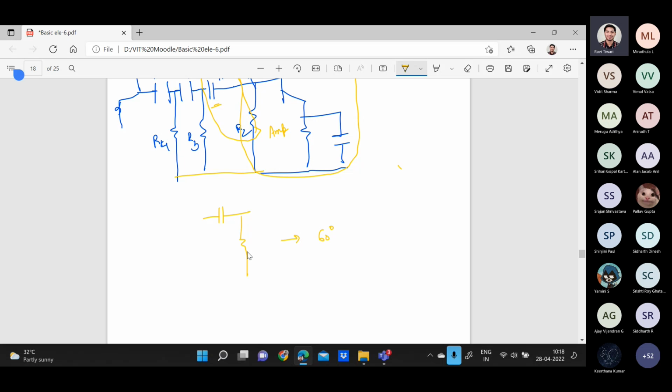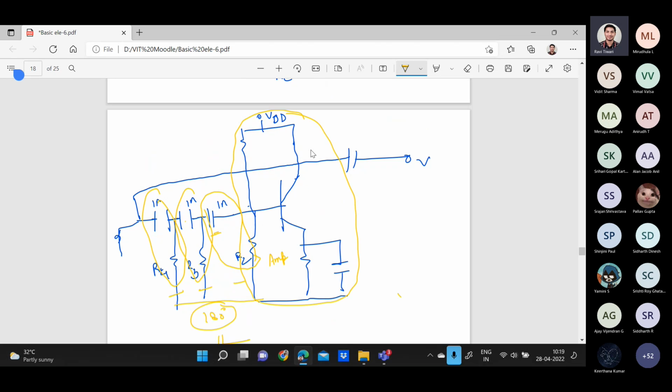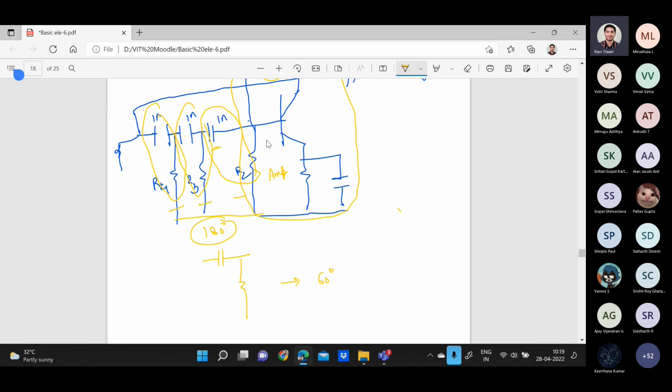So here we are using one combination, 2 combination, and 3 combination. So 60 degree, 60 degree, 60 degree, so total 180-degree phase shift you will get from the RC circuit, and 180-degree is provided with the help of amplifier circuit. So total 360, that means you will get the same signal without providing any input signal. You can generate a sinusoidal output.